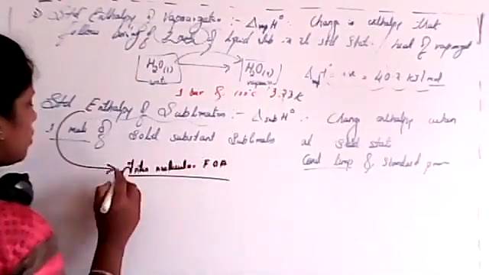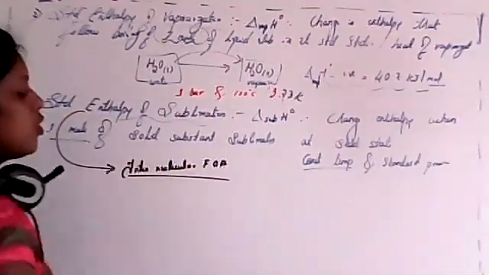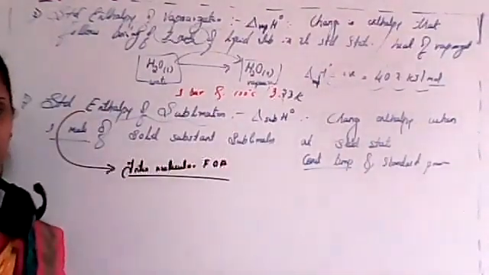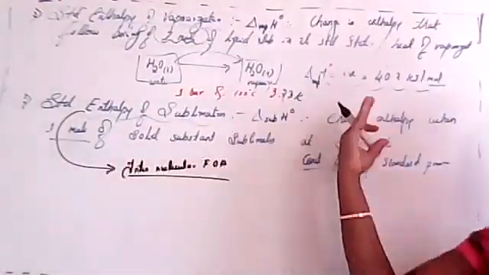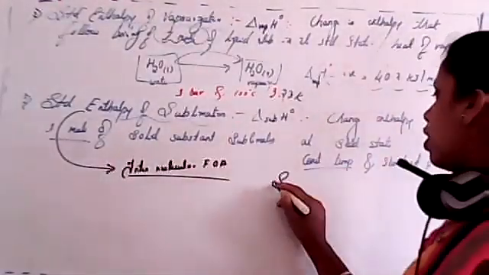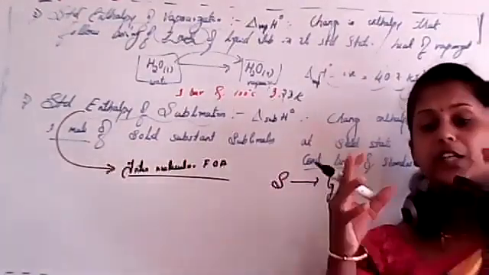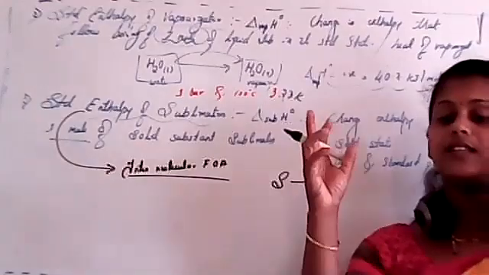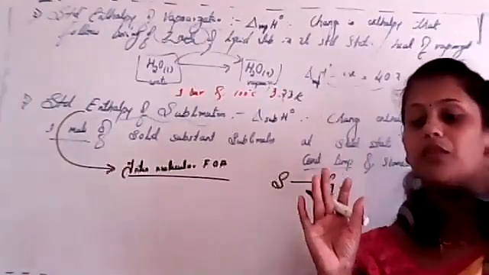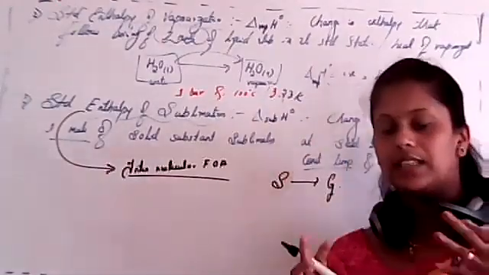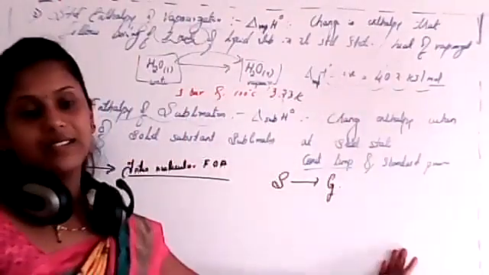Why does the enthalpy of sublimation depend on intermolecular force of attraction? Any idea? We have to convert solid into gas. If the intermolecular force of attraction is less, the conversion of solid to gas is easy.